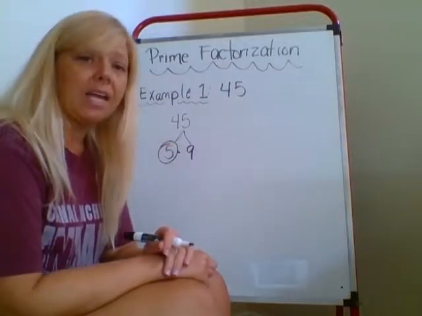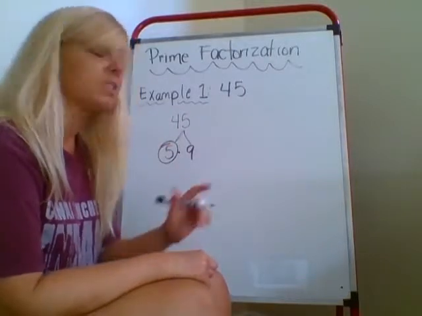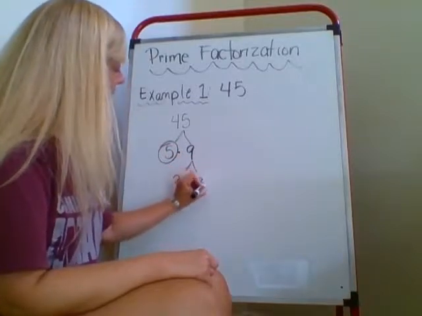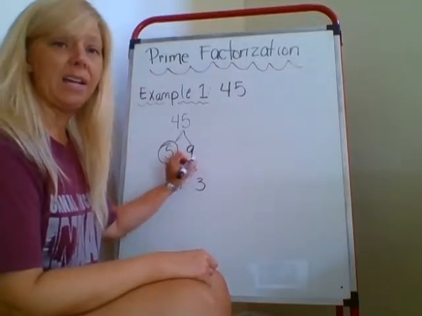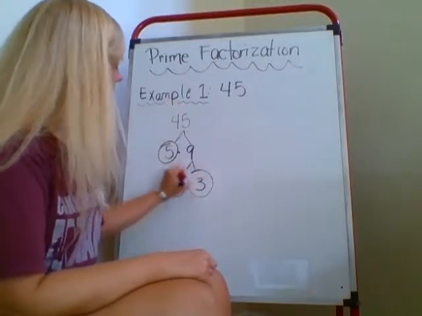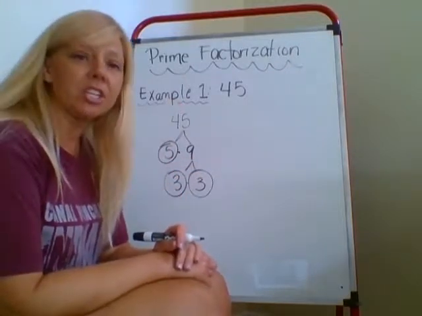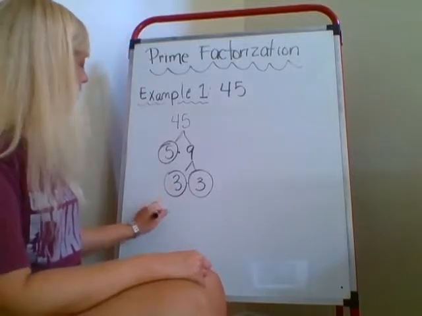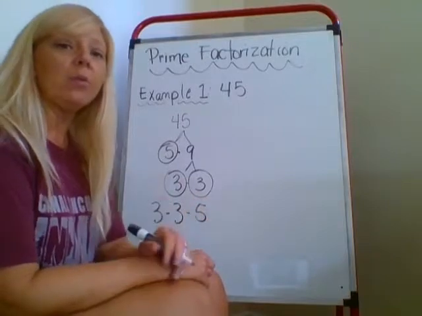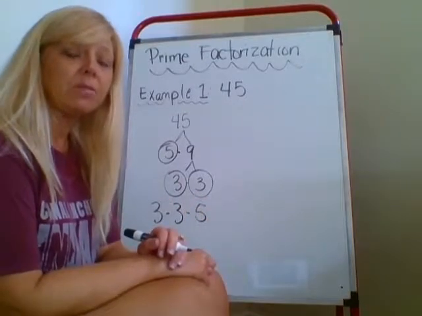Now I can take 9 and break it apart to 3 times 3, because 3 times 3 is 9, and 9 times 5 is 45. So the prime factorization of 45 is 3 times 3 times 5. And we're welcome to write that with exponents if we want to.